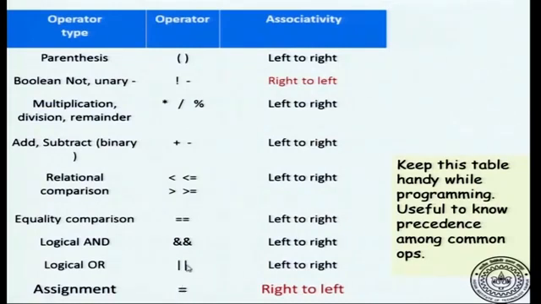We have seen all these operations so far, and of this, the typical associativity is left to right. There are a couple of exceptions. One we have already seen: assignment operation is right to left. The unary operations are also right to left. Most of the other operations are left to right. If you think for a little bit, you can see that the associativity for unary operations is also easily seen to be right to left.